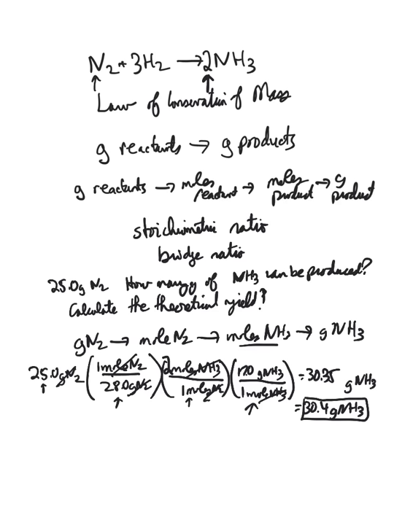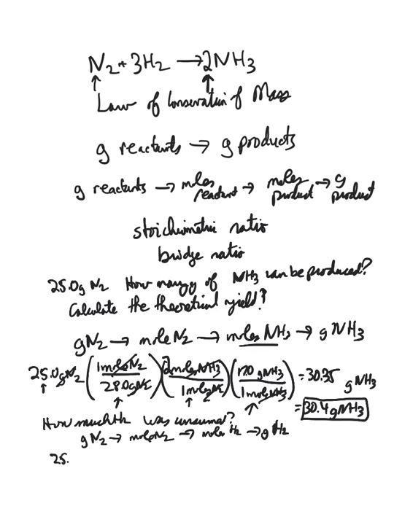Let's see how much hydrogen was also consumed in this reaction. How much H2 was consumed? And so we're going to do a similar process. We're going to go grams nitrogen to moles nitrogen to moles H2 to grams H2.